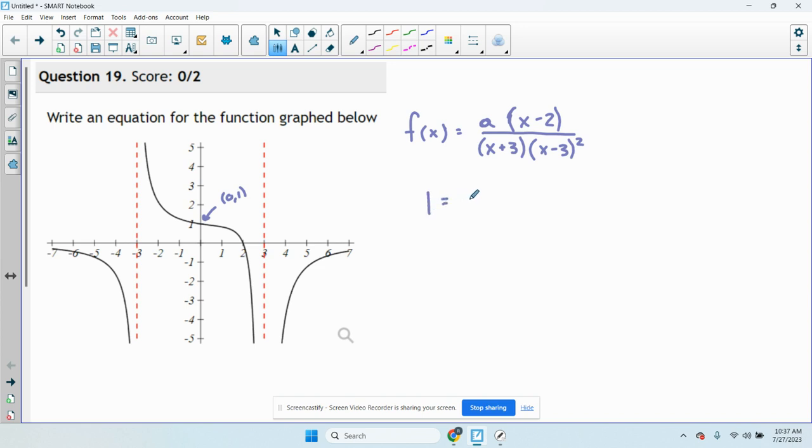So it's going to be 1 equals a times 0 minus 2 over 0 plus 3 times 0 minus 3 squared. So I get 1 equals negative 2a over, this is going to be positive 9 times 3, that's 27.